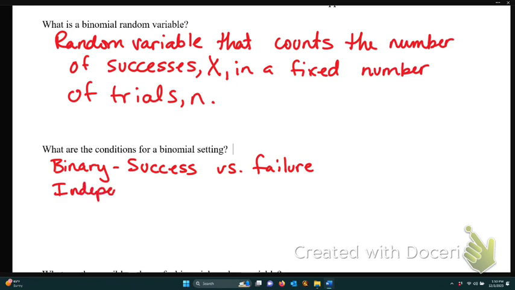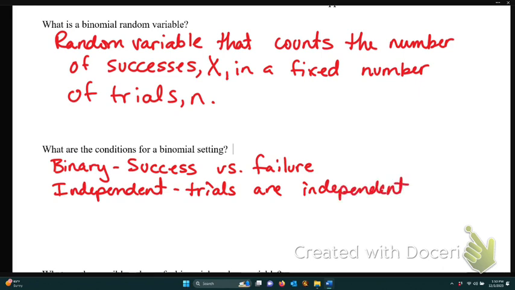Independent. Do you guys remember how to test for independence? No. So, in order for something to be binomial, it has to have independent trials. The trials are independent. Obviously, you guys, the most common things, rolling a die, that's independent. Every time you roll a die, it's independent.